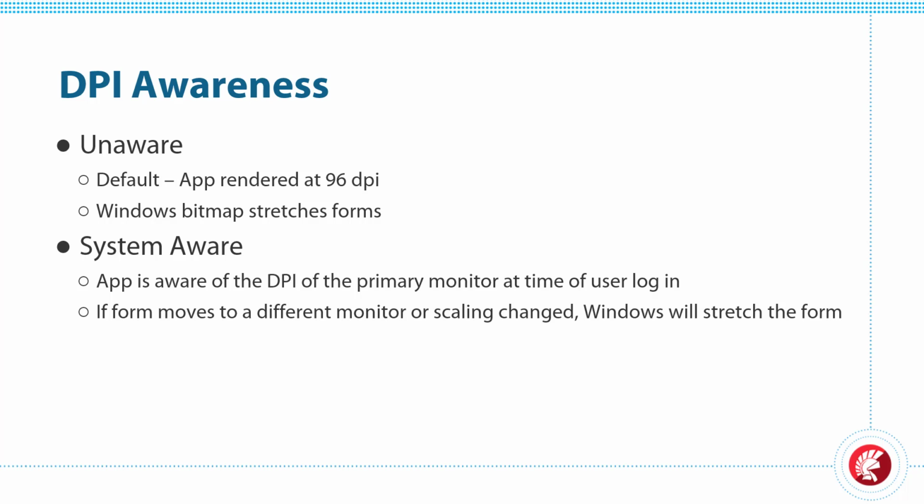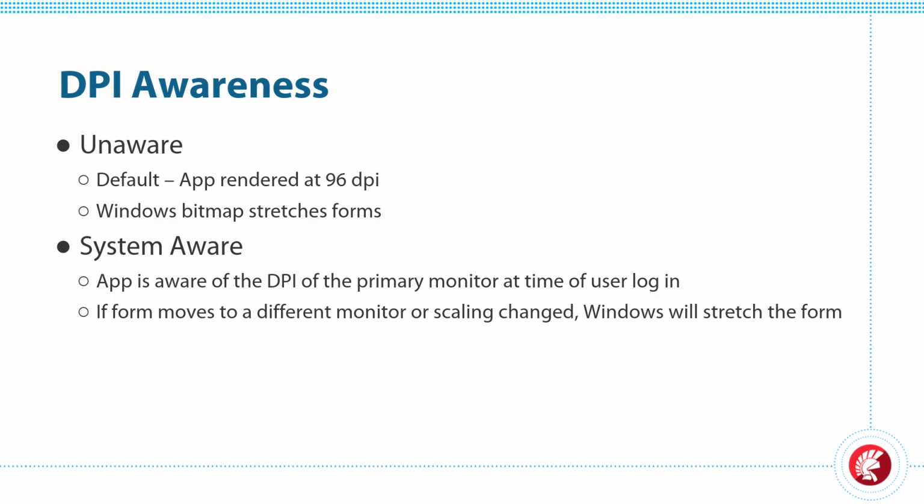I'll show examples of all of this as we go through. In my case, I've got a high-res, high-DPI laptop display and an external monitor, and when I show this on my external monitor, it's not pretty. You will see that it stretches things.